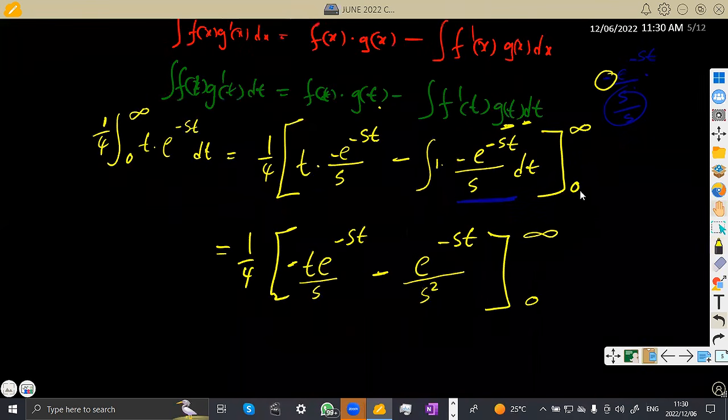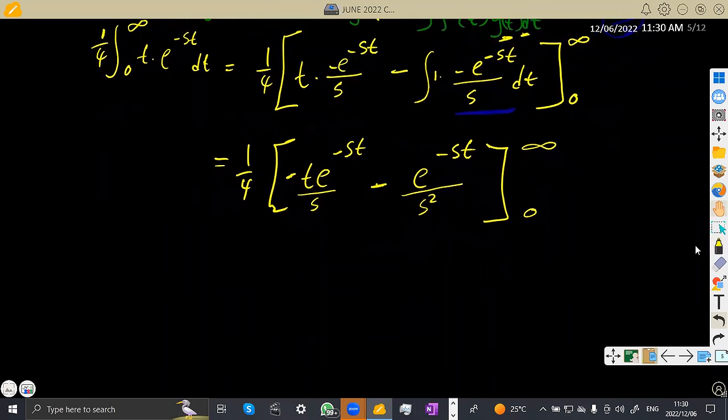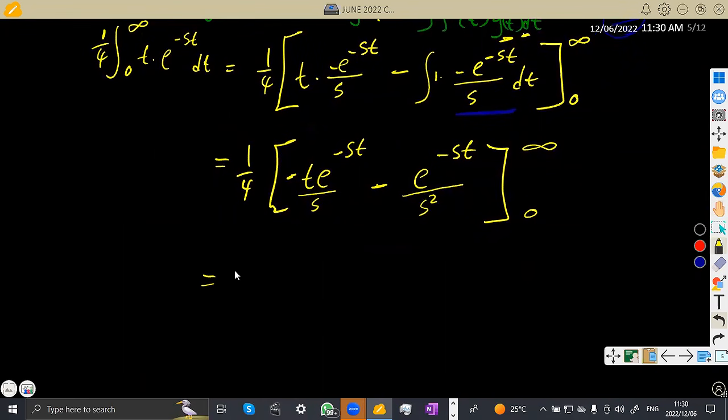All right, then on the application now of the limits, we are going to have 1/4 into, we can try to separate, because here we are supposed to substitute the limits where there is t.